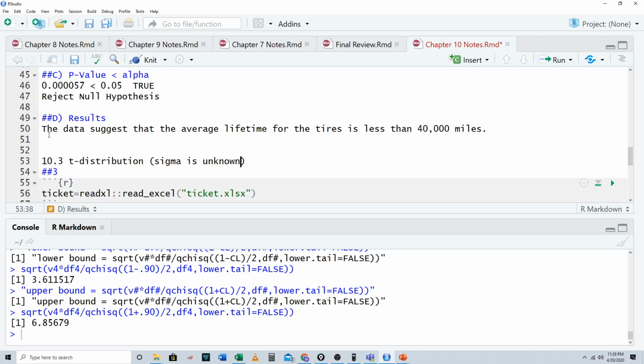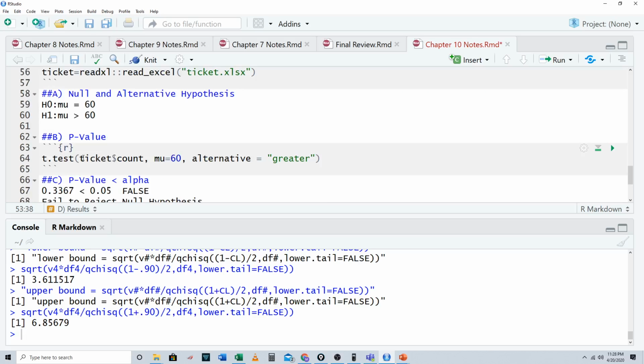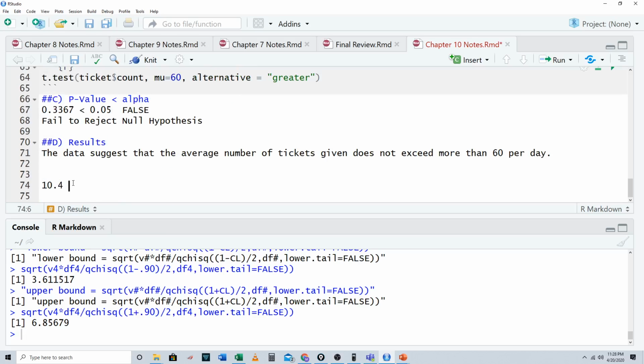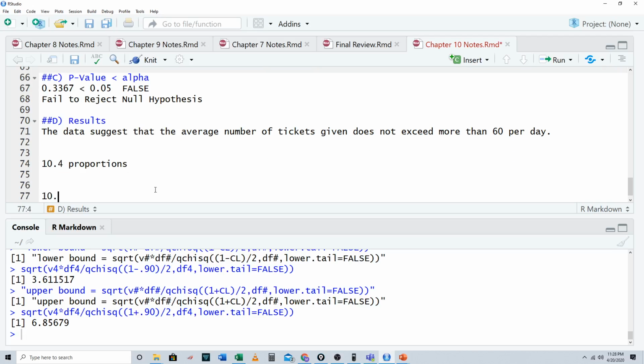And that may be as far as we get today on this. I may do 10.4, which is proportions. Then we have 10.5, which is back to standard deviation, chi-square.